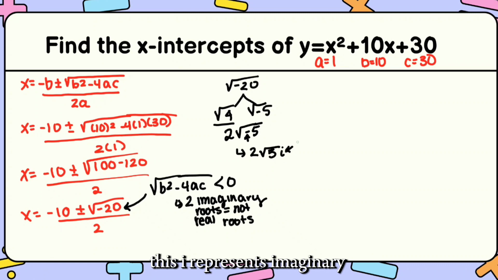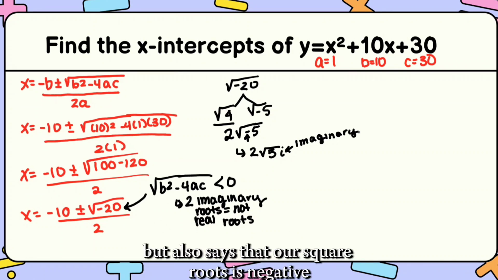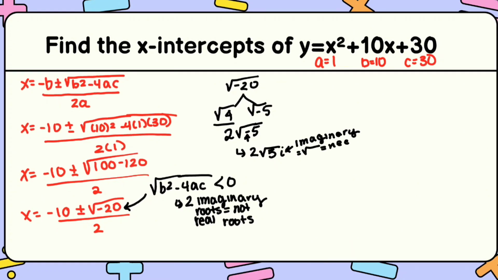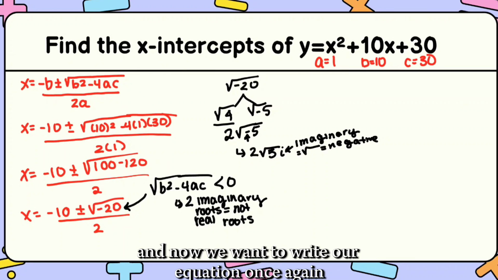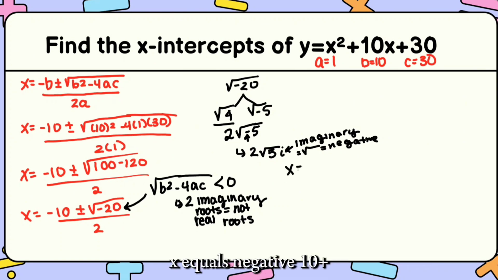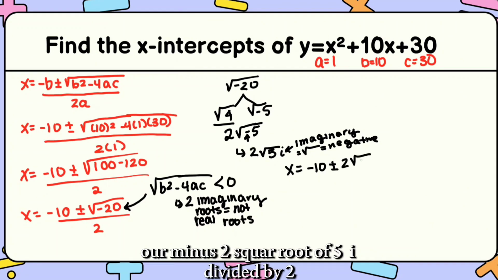This i represents imaginary, but also says that our square root is negative. And now we want to write our equation once again. X equals -10 plus or minus 2 square root of 5i divided by 2.